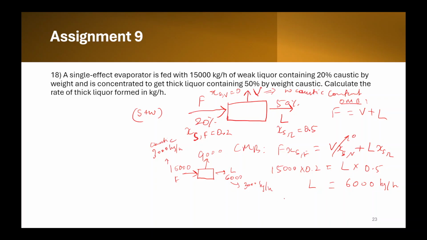So this caustic throughout the system remains the same. Whatever is coming in the feed is going out in the thick liquor as well, because none of it is evaporating in the V stream. So 6000 kg per hour is the rate of thick liquor formed.